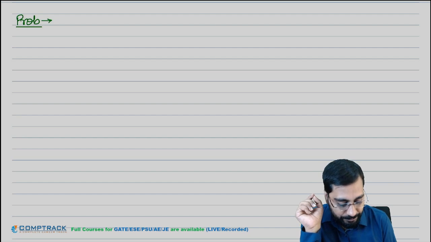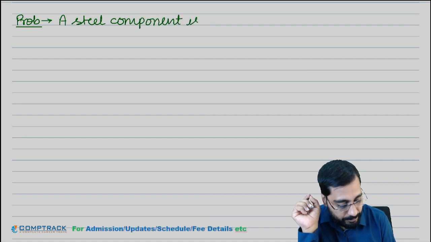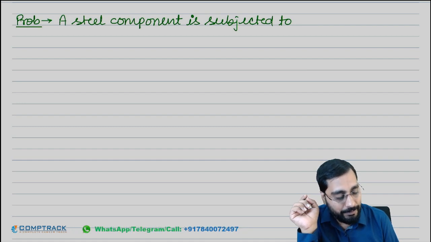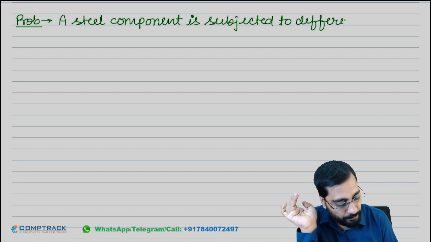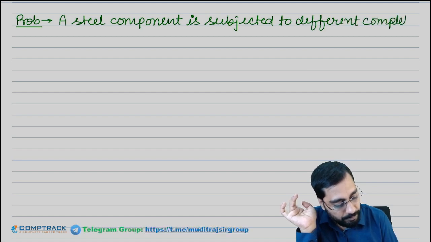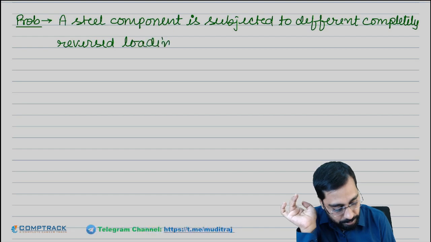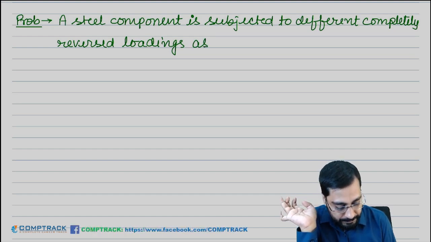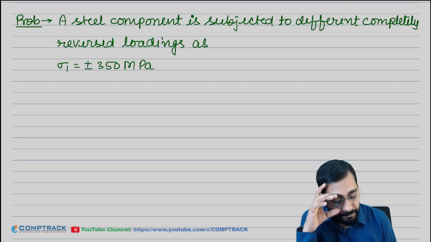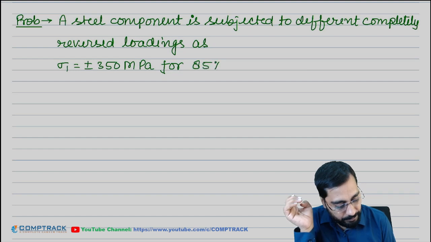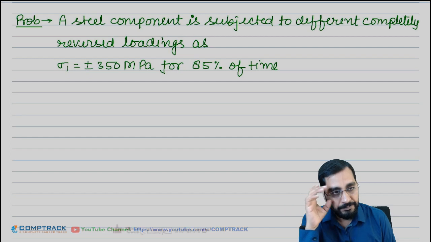First, a steel component is subjected to different completely reversed loadings as sigma 1 equals plus minus 350 megapascal for 85% of time.